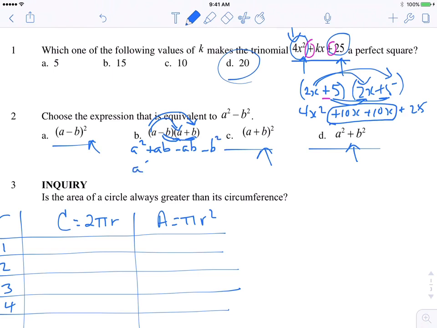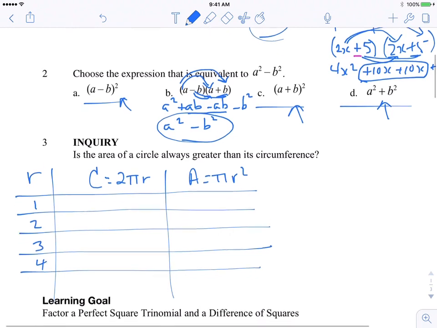In this case, you'd be left with a squared, and the positive ab minus ab cancel each other out, and you're left with minus b squared. So B is the correct answer because by having the subtraction and addition, a minus b and a plus b, the middle term is eliminated.